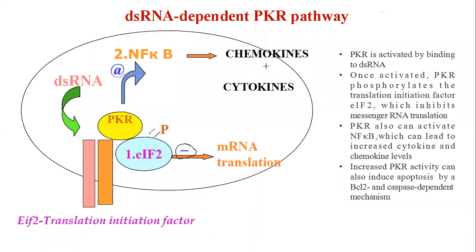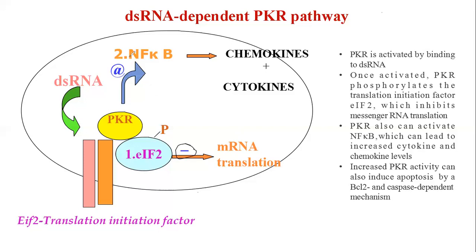Here you can see the phosphate. It phosphorylates the translation initiation factor eIF2, which inhibits messenger RNA translation. So no protein will be synthesized.